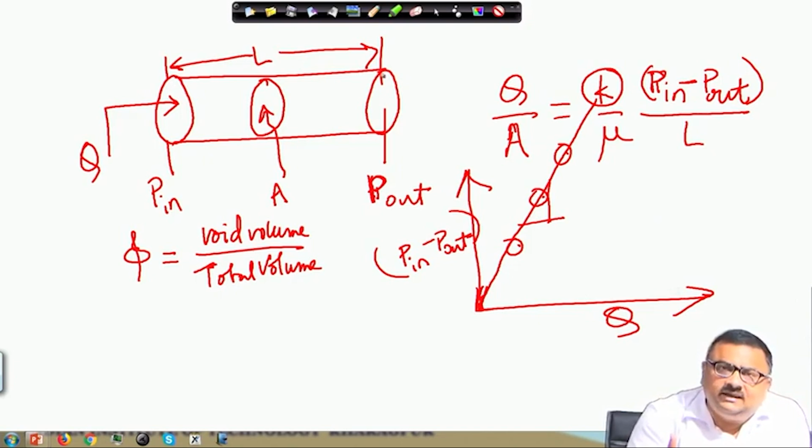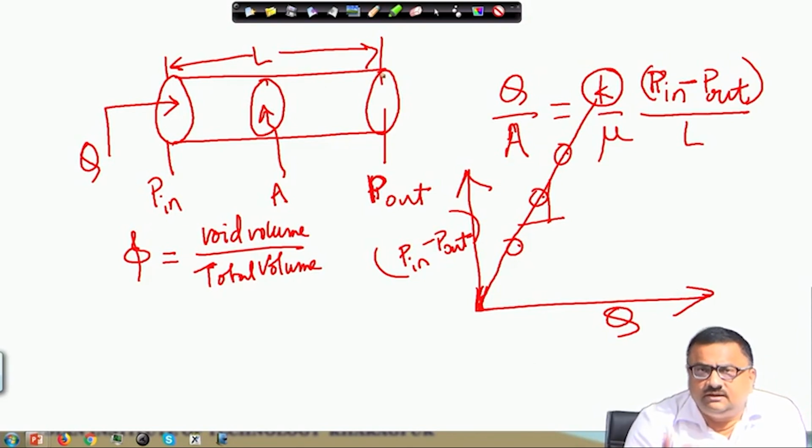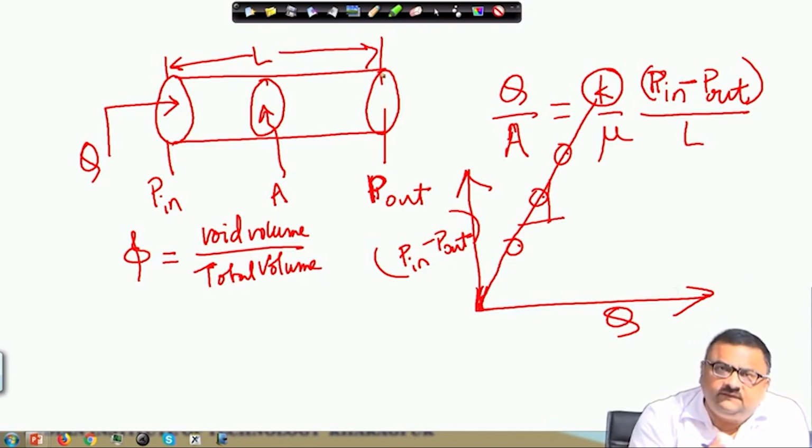So, if you measure the weight in a dry state, before introducing water, and the weight after it is completely soaked in water, this difference in weight gives you the total weight of water residing inside this core.